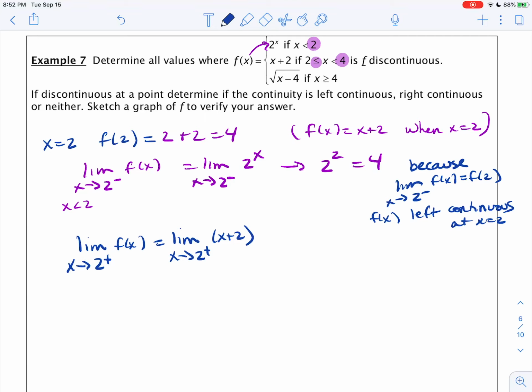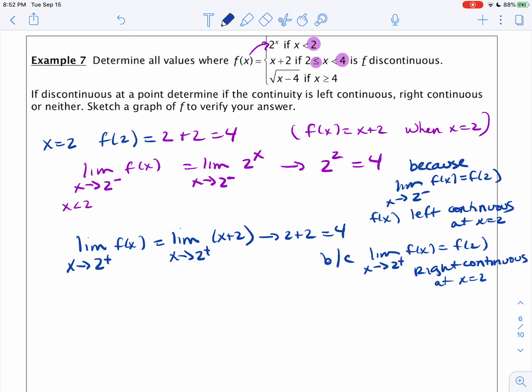So what is this? The limit as x approaches 2 from the right is going to go to 2 plus 2, which is also equal to 4. And so because the limit as x approaches 2 from the right of f of x also equals f of 2, it is right continuous at 2.